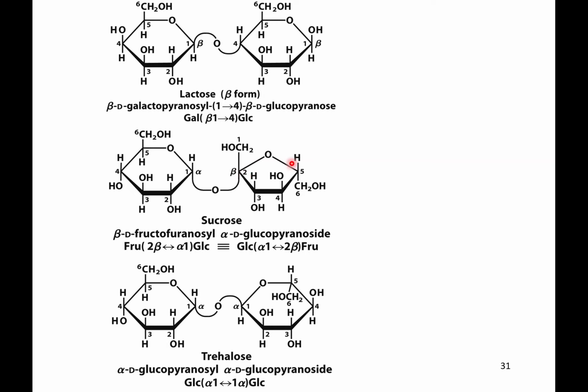We're used to drawing the anomeric carbon on the right side, but in this case we have to draw it on the left side because it's forming a glycosidic bond with the anomeric carbon of glucose. So when we do that, we're flipping it around and it looks sort of upside down compared to its typical orientation. And that glycosidic bond is between the beta 2 anomeric carbon on fructose and the alpha 1 carbon on glucose.